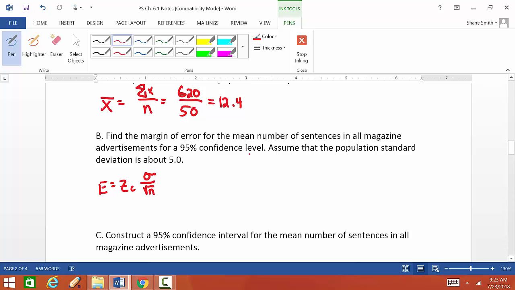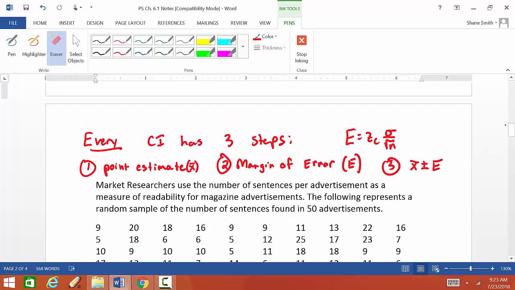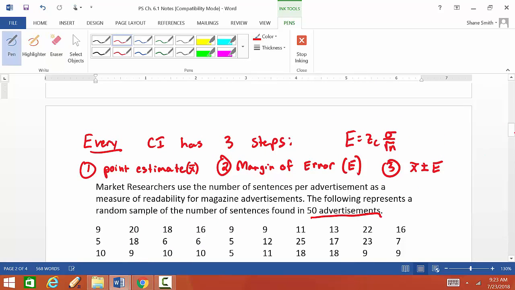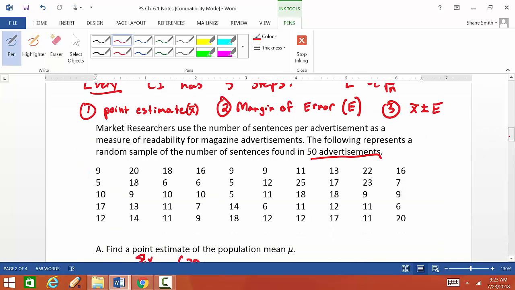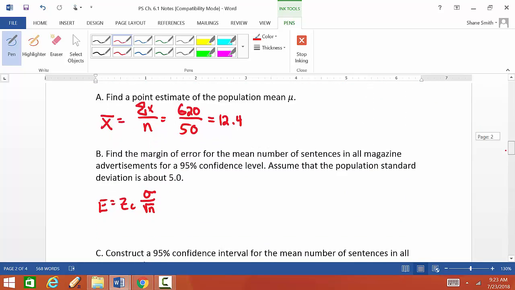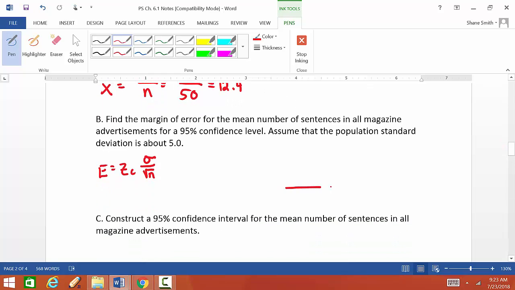Z sub c is determined by a normal distribution because if you read the problem, we have 50 magazine advertisements. And we know that the sampling distribution of sample means is approximately normal if our sample size is greater than 30. Our central limit theorem kicks in here. And because our central limit theorem kicks in, we can draw a normal distribution.